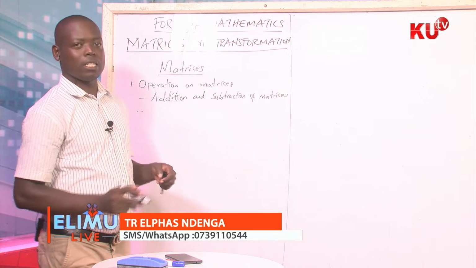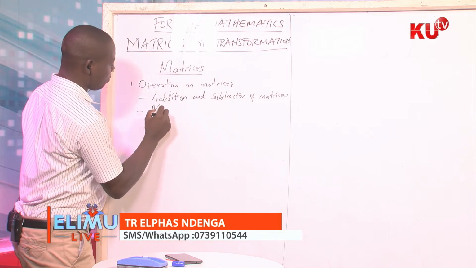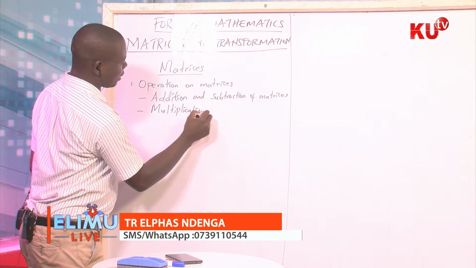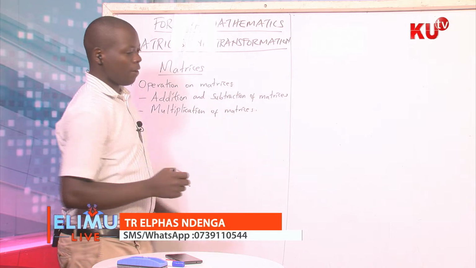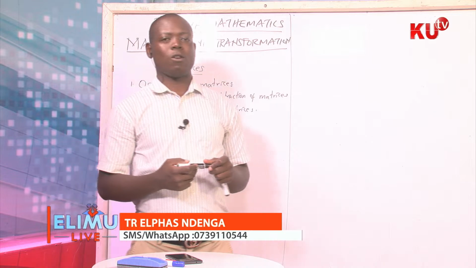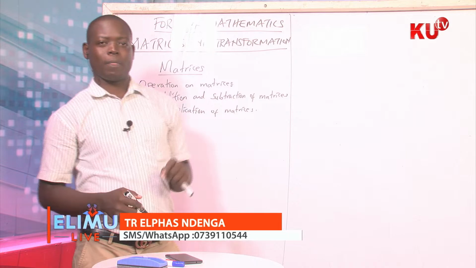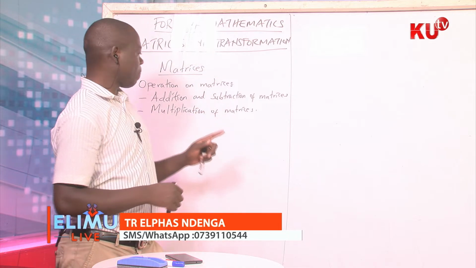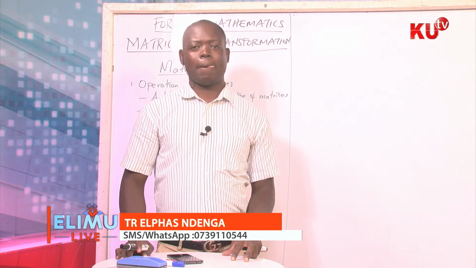Number 2, students, good, we shall have to discuss multiplication of matrices. Therefore, in our lesson under matrices and transformation, we are going to discuss, 1, the operation on matrices, of which we will cover addition and subtraction of matrices, and number 2, multiplication of matrices.